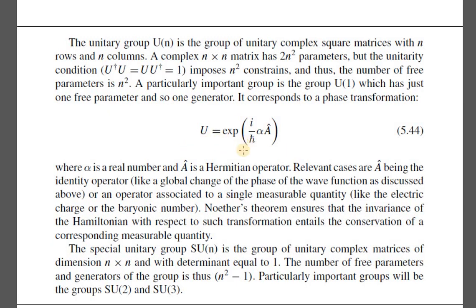You see this U equals exponential of i by h cross alpha A, where A is the Hermitian operator and alpha is a real number. Now the relevant case here being A being the identity operator, like a global change of the phase of the wave function as discussed above, or an operator associated to a single measurable quantity like the electric charge or the baryonic number.